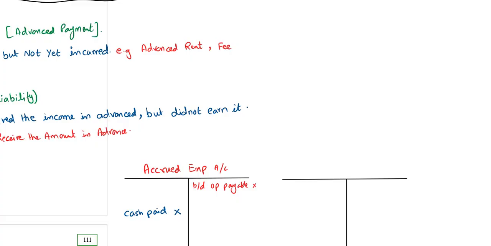In case of payment of an expense, for example, $100 expense is paid, what is the entry of this transaction? Yes, expense debit and cash credit. So this is the entry in case of expense paid.